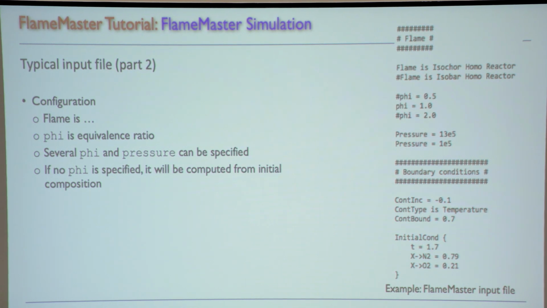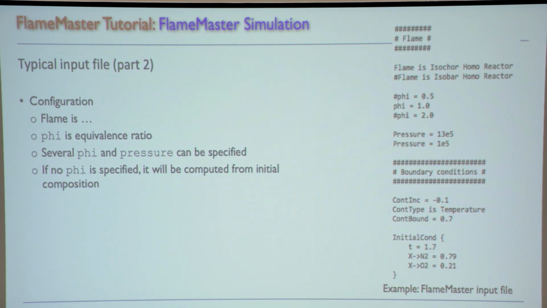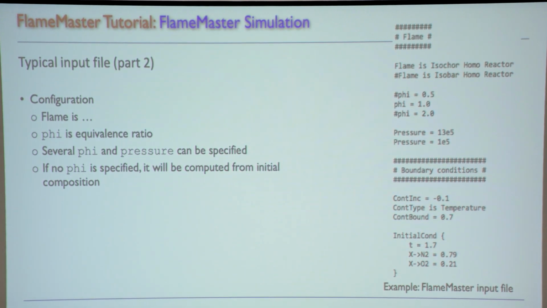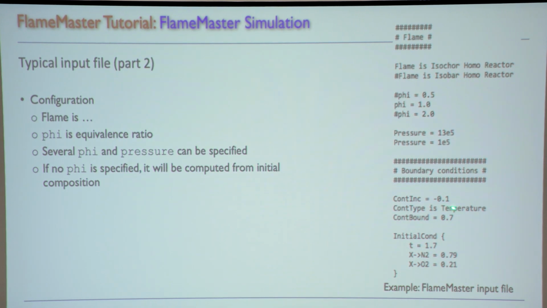So the next simulation will be 1.6, 1.5, and so on. And the boundary here is 0.7, that's about 1,400 Kelvin. So that would give you all ignition delay times for temperatures from 588 to 1,400 Kelvin. And here the continuation type is temperature, and that's it.